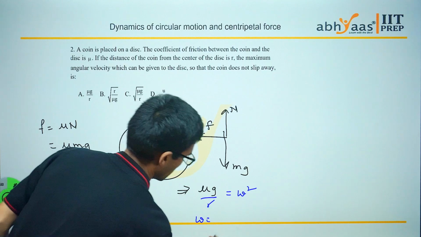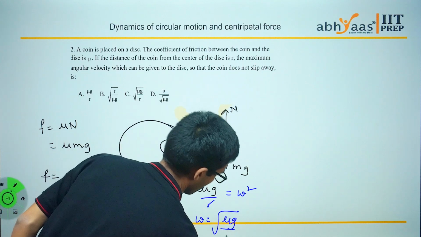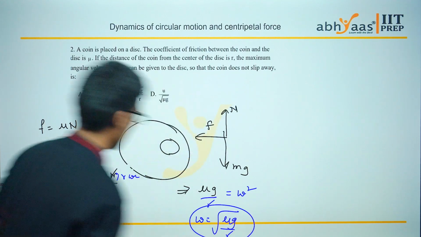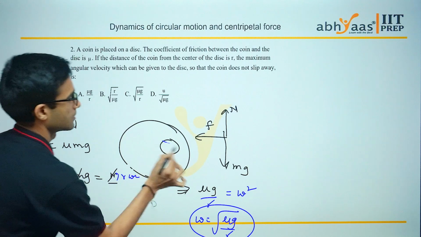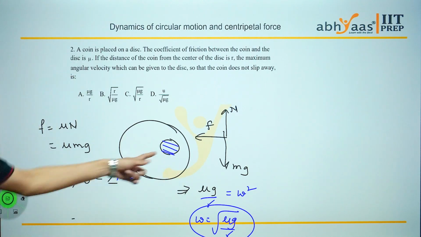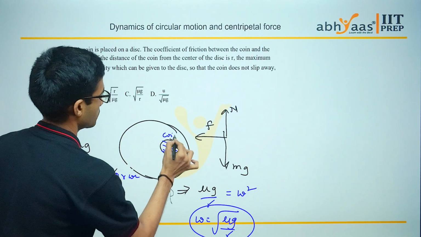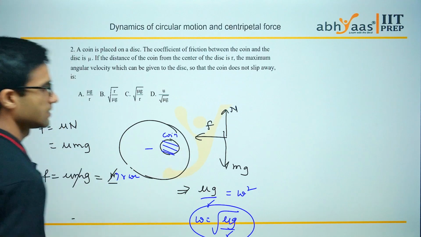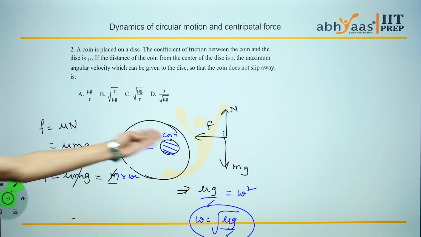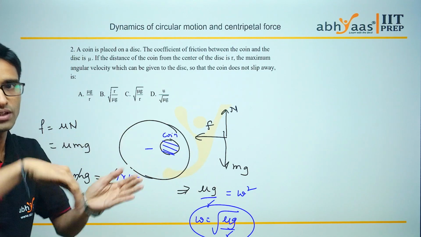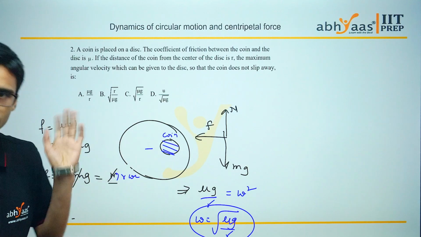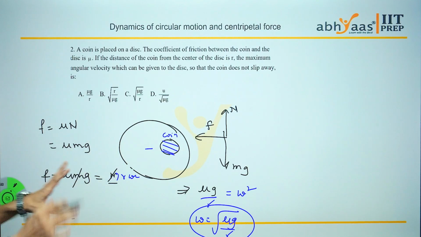So omega equal to root of mu g by r. Simple only. This is a disc and the coin is placed. These are the forces. In order to rotate this, we need centripetal force and centripetal acceleration. So this is very simple, no need to worry. Mu g by r.